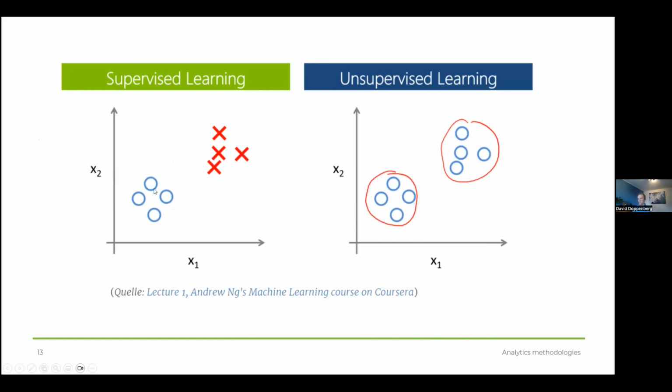So you already know, for example, if I try to predict whether someone is doing fraudulent transactions, then for example, you already know the blue ones are not fraudulent, the red ones are fraudulent, and then based on that, I can try to train a model that learns this kind of patterns. In unsupervised learning, you might get the same kind of 8 data points, but you don't know anything more, and then the algorithm needs to find out on its own what the set is of fraudulent and non-fraudulent actions.